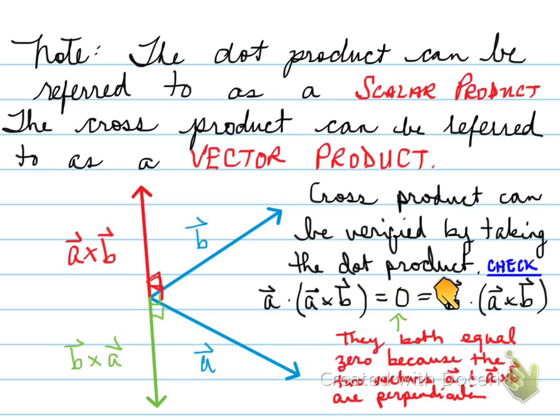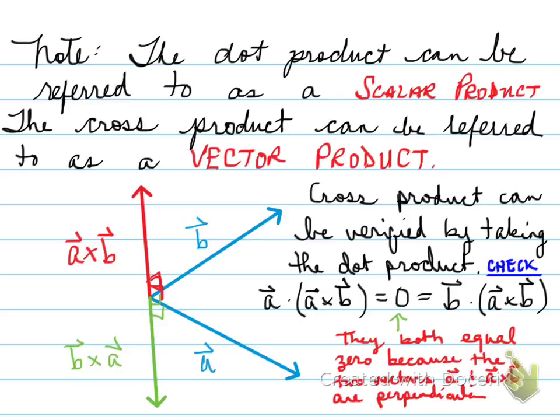And that will be the same as if I took the dot product of the B vector with the cross product. They both have to equal 0 because the vectors A and A cross B are perpendicular, as well as the vector B and the cross product. So your result should be 0.